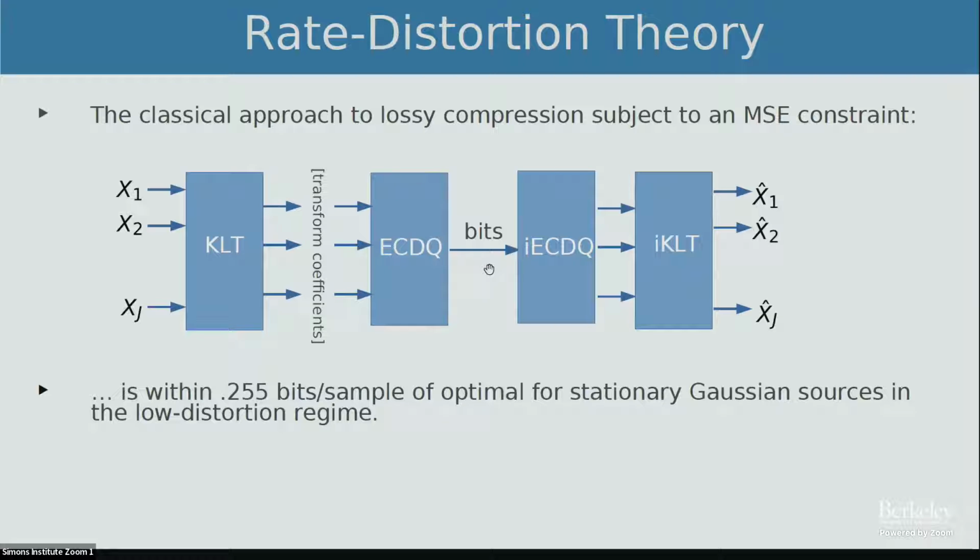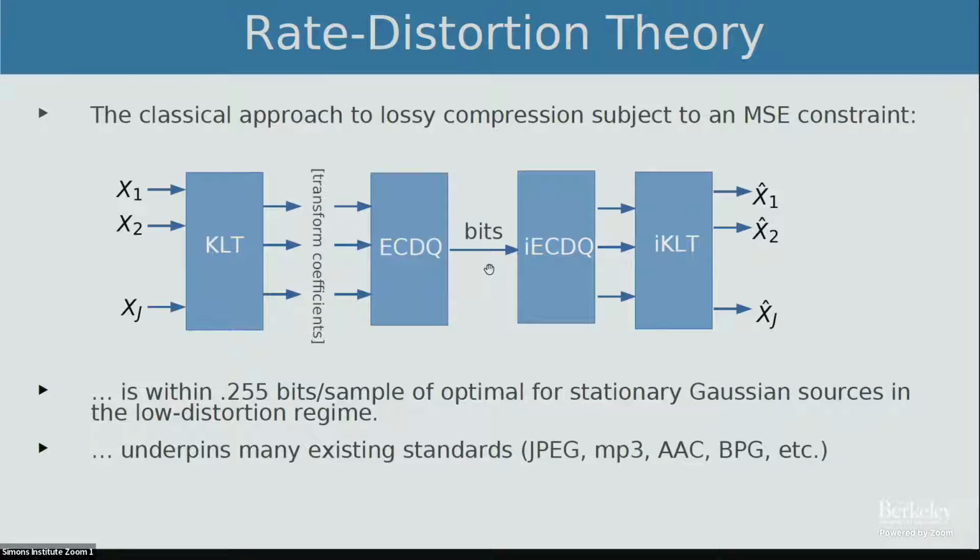This architecture is provably near optimal within a quarter bit, and it forms the framework within which all the standard compression standards we know and love for images, music and video are formed. JPEG and MP3 and AAC and VVC and everything are all formed from this basic architecture with tweaks to make it work all the better.